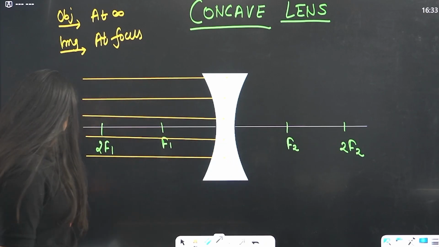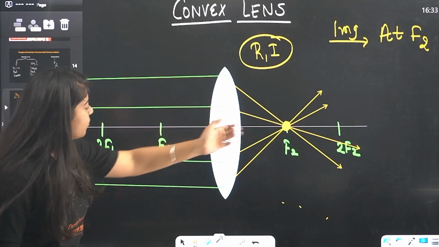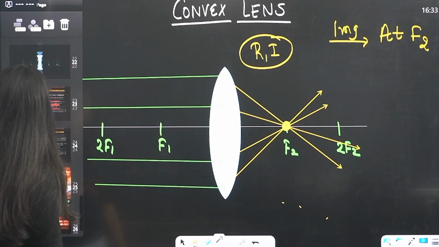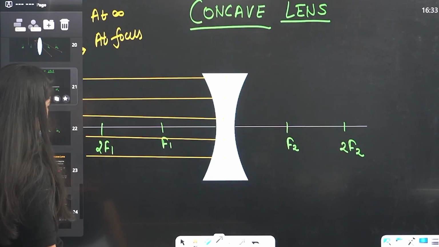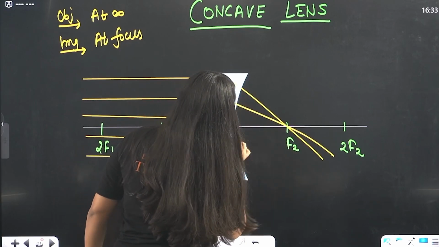Now ma'am, in lenses we saw that all the rays coming parallel meet at F2, so it will be same at concave lens as well, right? Should I just do this?